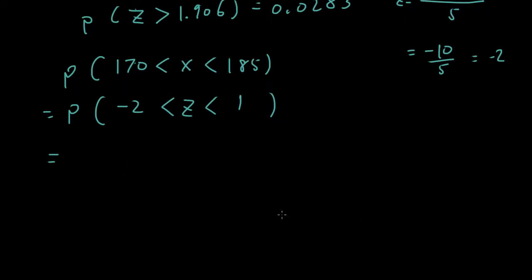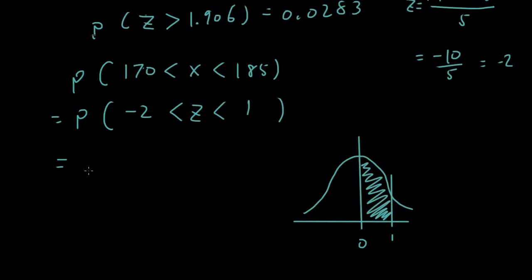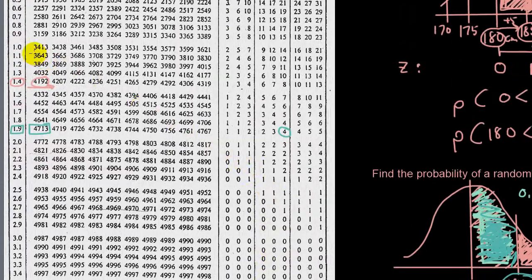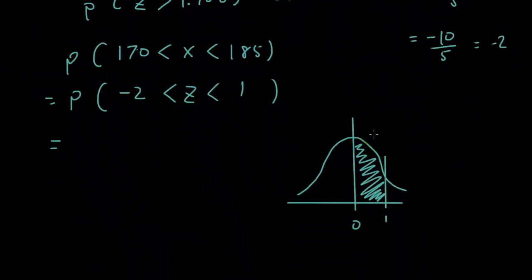Well, if you draw a normal table again, you will have a z score of 0 in the middle. A z score of 1 would be somewhere on the right. So if we simply find this area first, so that area, if we go to a z score of 1, is 3413. So let's write that probability down. This probability is 0.3413. And then we want a z score of -2.